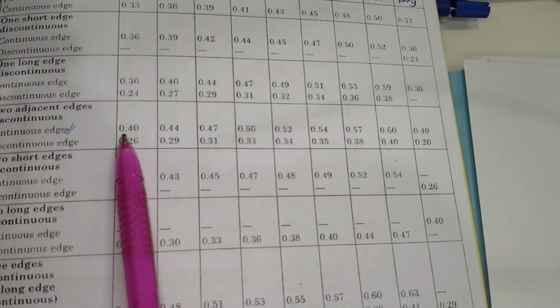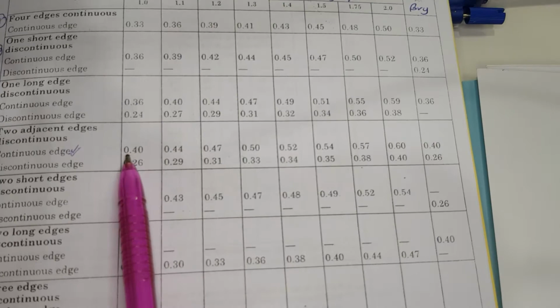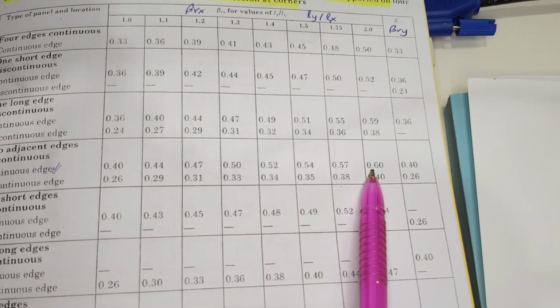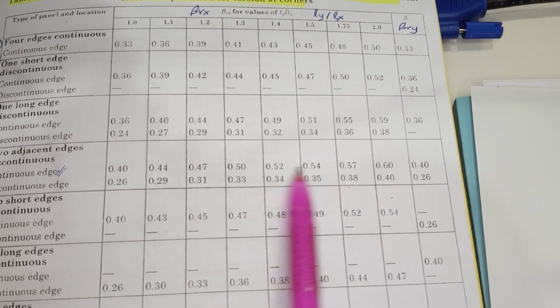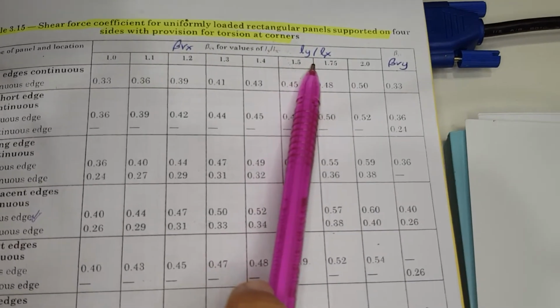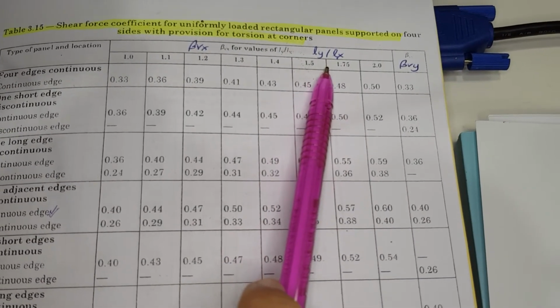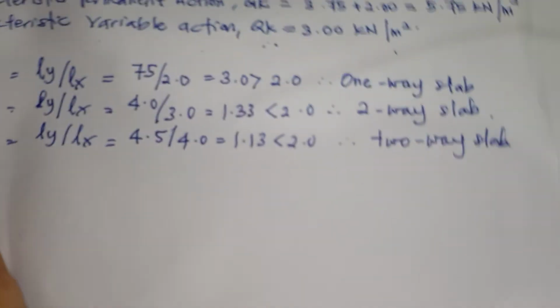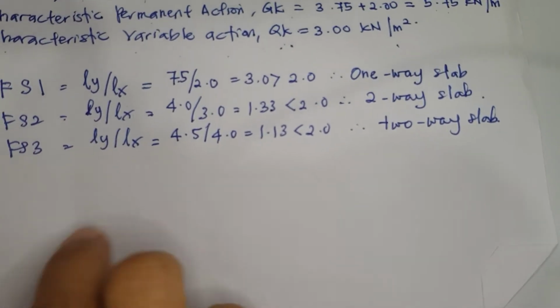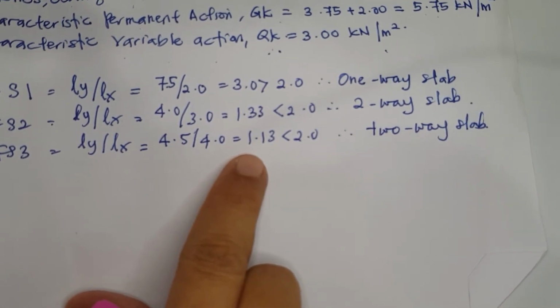We have value 0.40 until 0.6. This selection is based on Ly divided by Lx. As calculated earlier, our Ly over Lx for floor number 3 is 1.13.